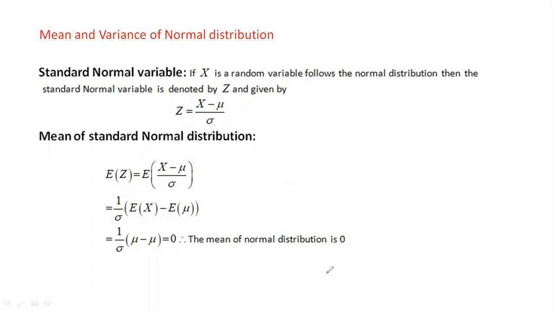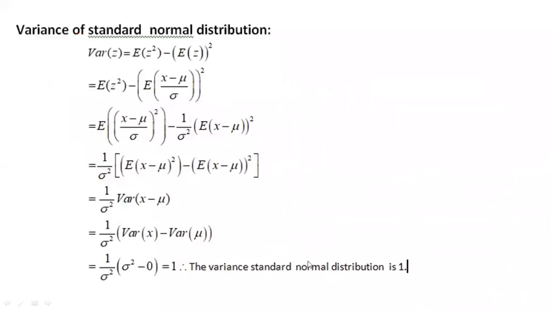Then we calculate the variance. Variance of z is equal to, we know, expectation of z square minus expectation of z whole square. Expectation of z we've already calculated, it is 0, so 0 square is again 0 and we don't have this term.